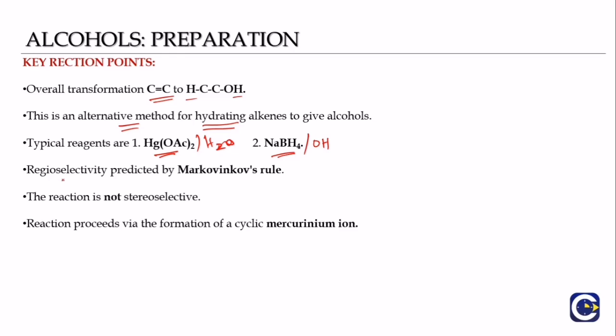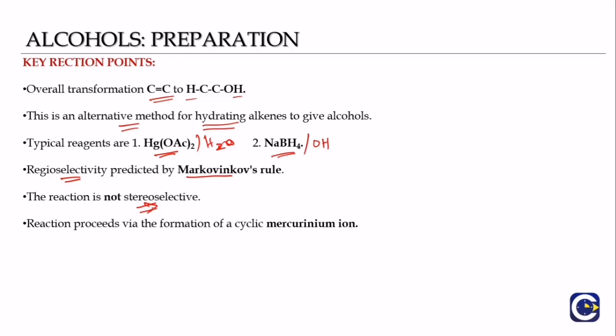If we talk about the regioselectivity, it is predicted by Markovnikov's rule, as we discussed in the mechanism. There is no stereoselectivity in the reaction. Stereoselectivity means the reaction product has a particular stereochemistry.